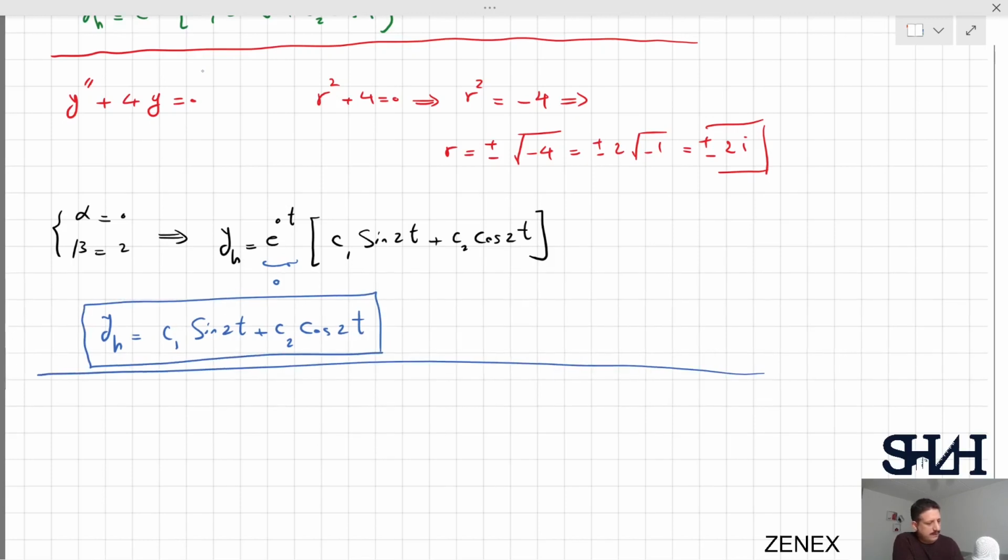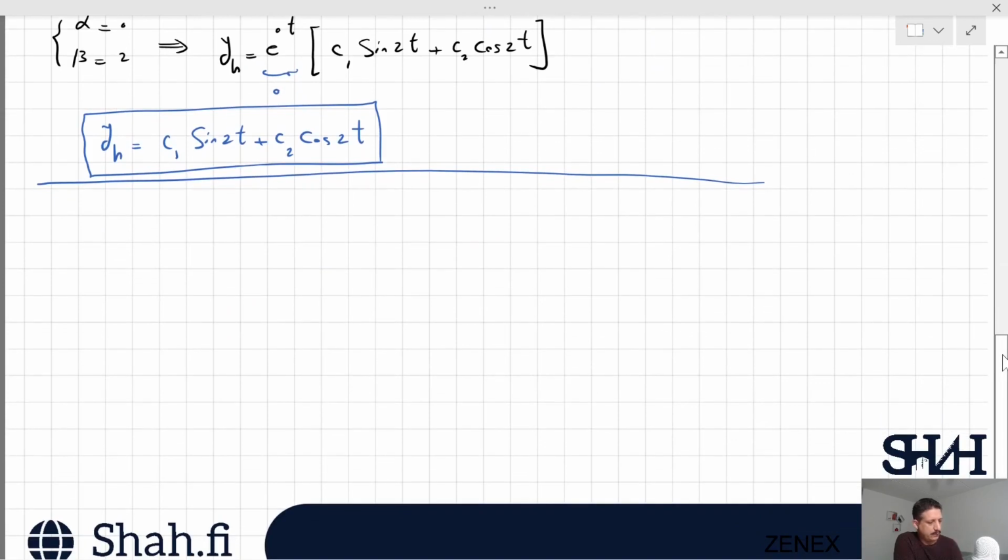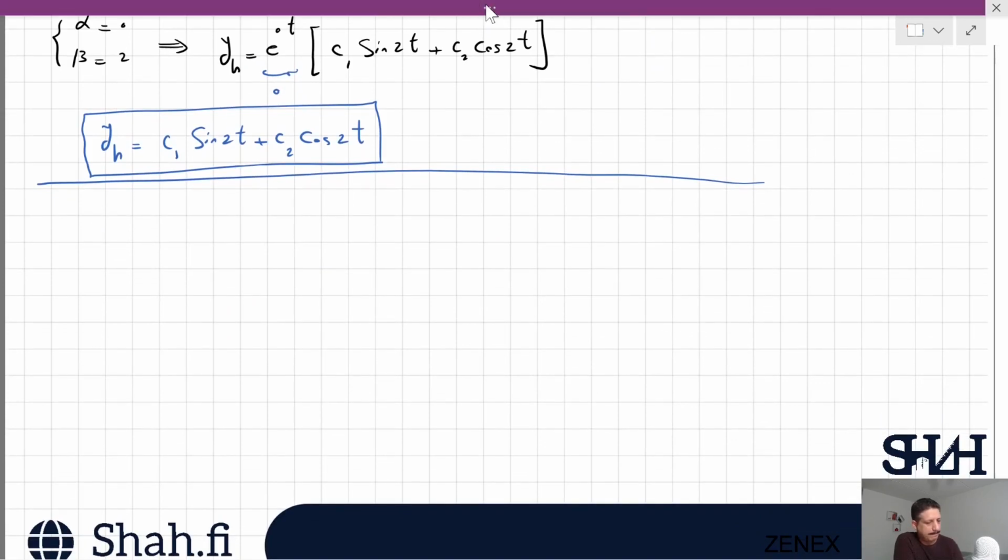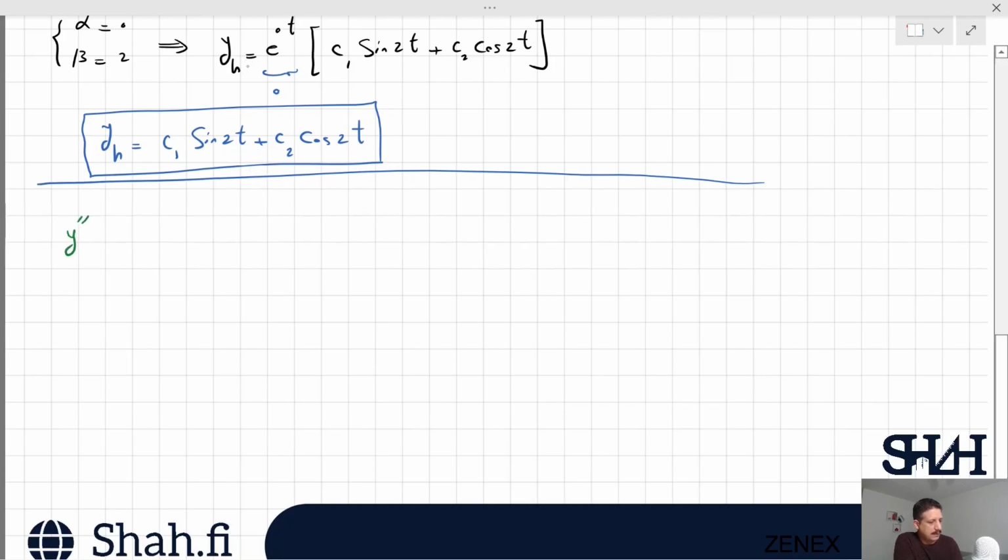And now a very general form would be second derivative of y plus lambda² y equals 0. The characteristic form will be r² plus lambda² equals 0. r² will be minus lambda², and then r will be plus minus square root of minus lambda².